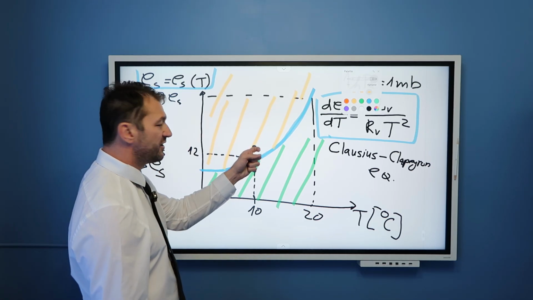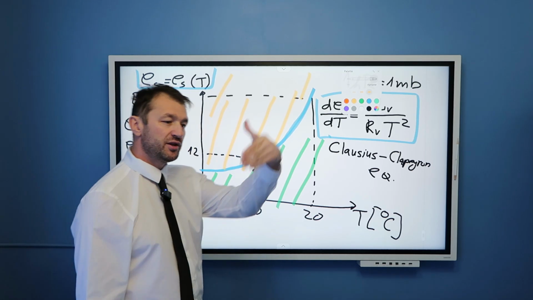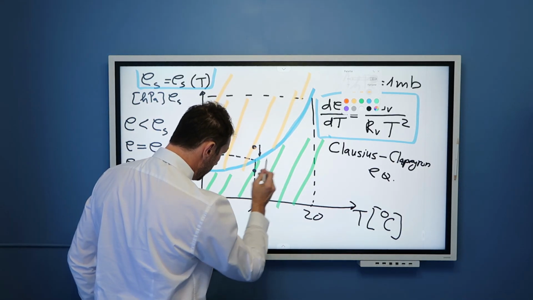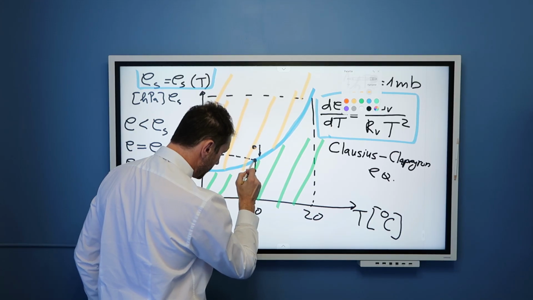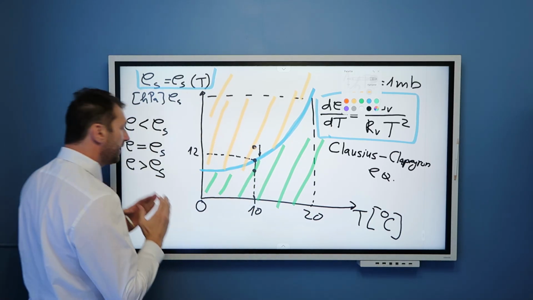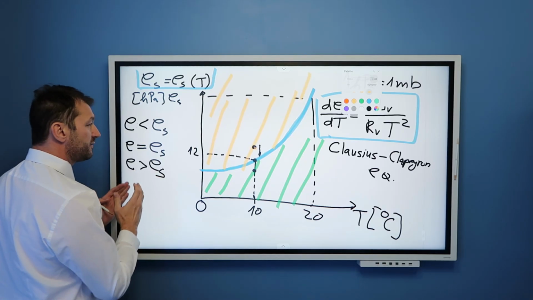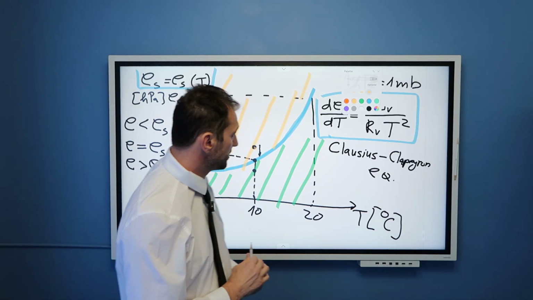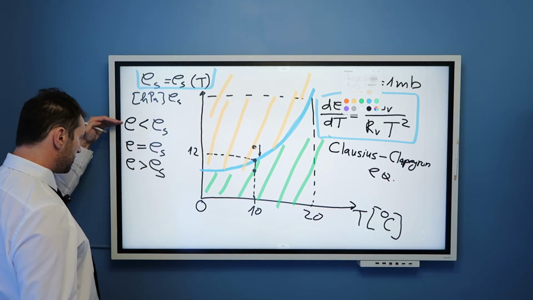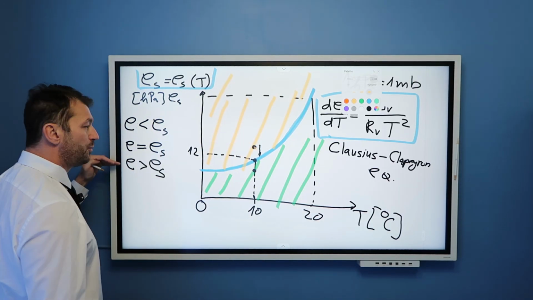Well, this is an oversaturated environment. It is not in equilibrium. So the system will tend to go back to equilibrium, and equilibrium is over here. So this is a very transient condition, but nevertheless it can exist in the atmosphere, and it does exist in clouds in some cases, okay? So this is called undersaturation, saturation, supersaturation.